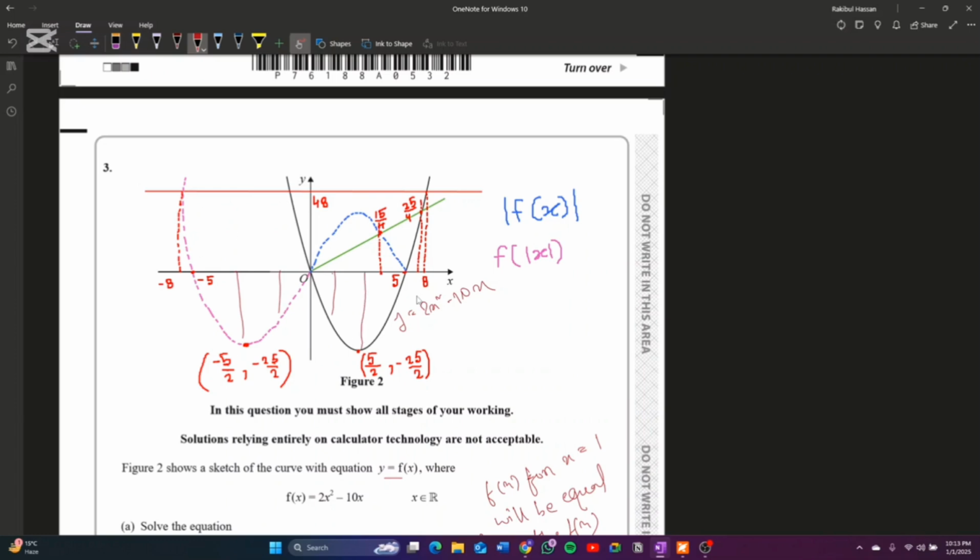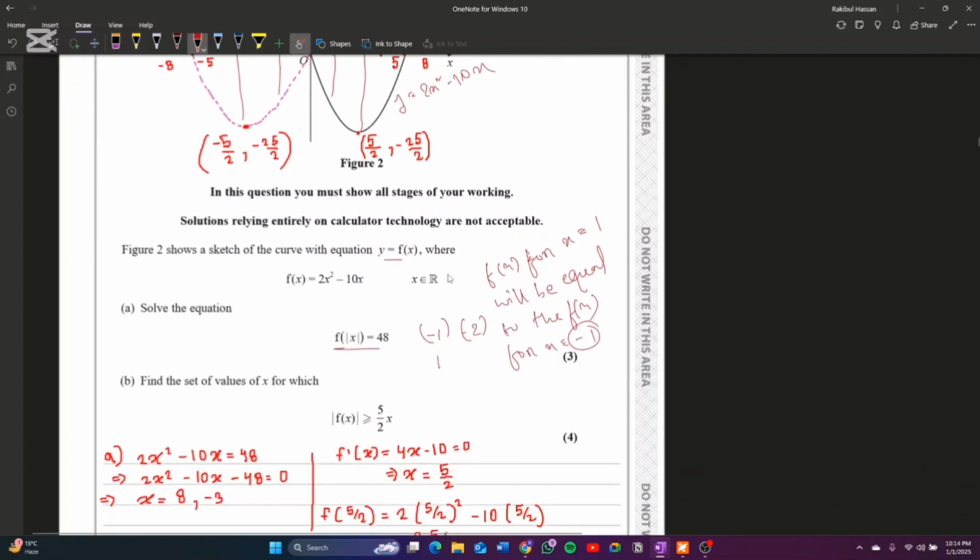So if we can just find the point where this curve cuts 48 along the positive x-axis, we know that along the negative x-axis, it will be the same value where the curve will cut the y equal to 48 line.